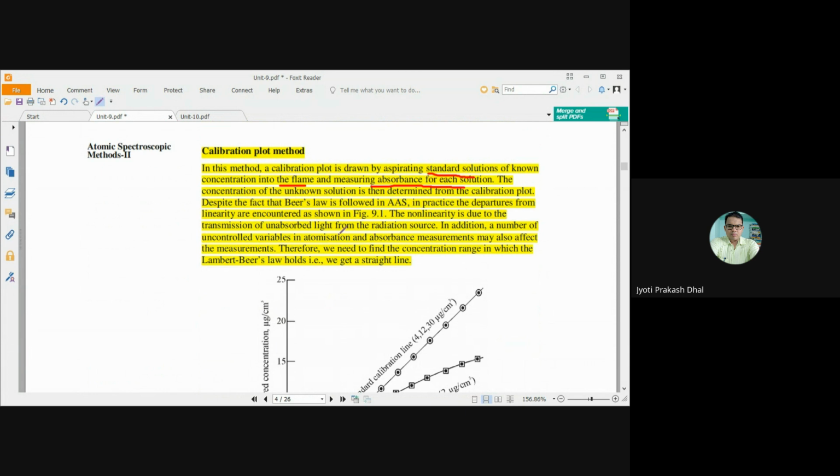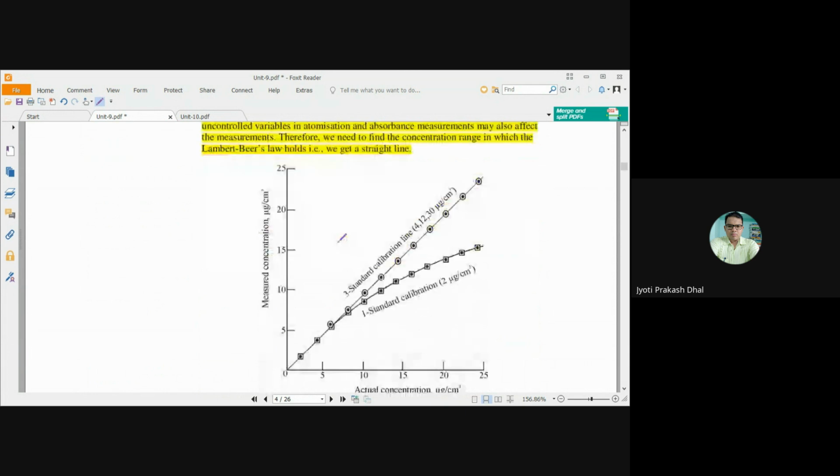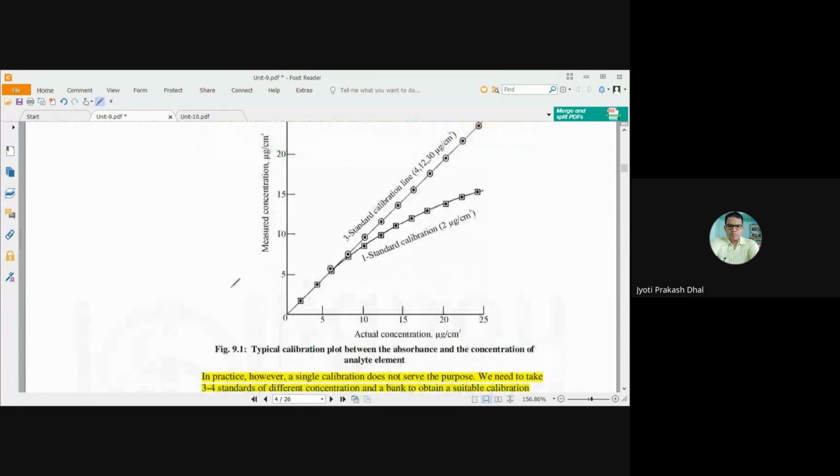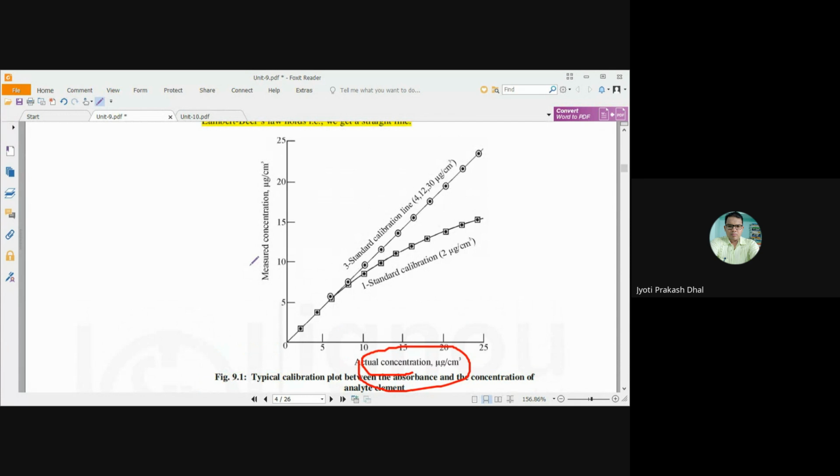After that, we will plot a graph where the x-axis will be the concentration of the solution in microgram per ml, and the y-axis will be the measured concentration in microgram per ml. So this is the actual concentration and this is the measured concentration, because for a standard solution we know the actual concentration and the y-axis will be the concentration measured by the AAS method.